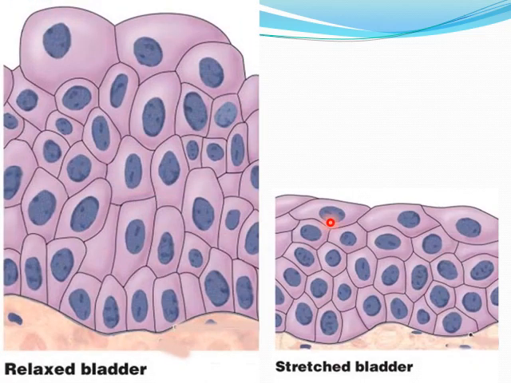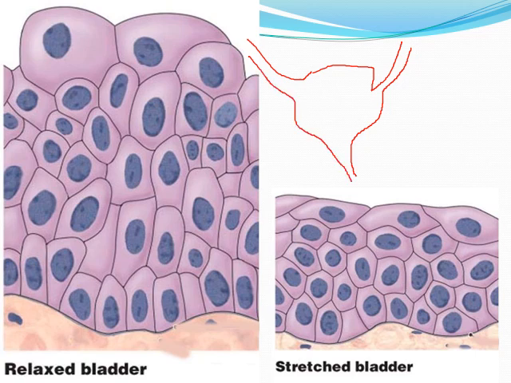Here is a diagram. This is a relaxed or empty bladder, and here is the bladder in a stretched state. Dear student, this is the urinary bladder, this is the ureter, and this is the bladder. Here is the lumen.